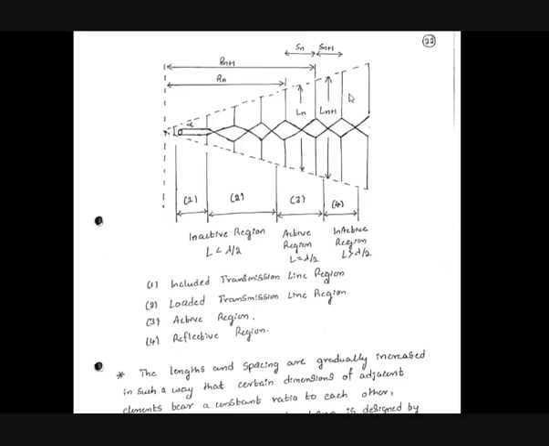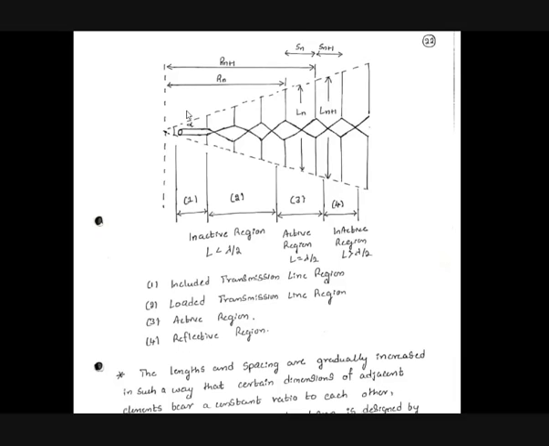The dipole length increases along the antenna such that the angle alpha, which is called the included angle, remains constant even though the length of the dipole increases along the antenna.